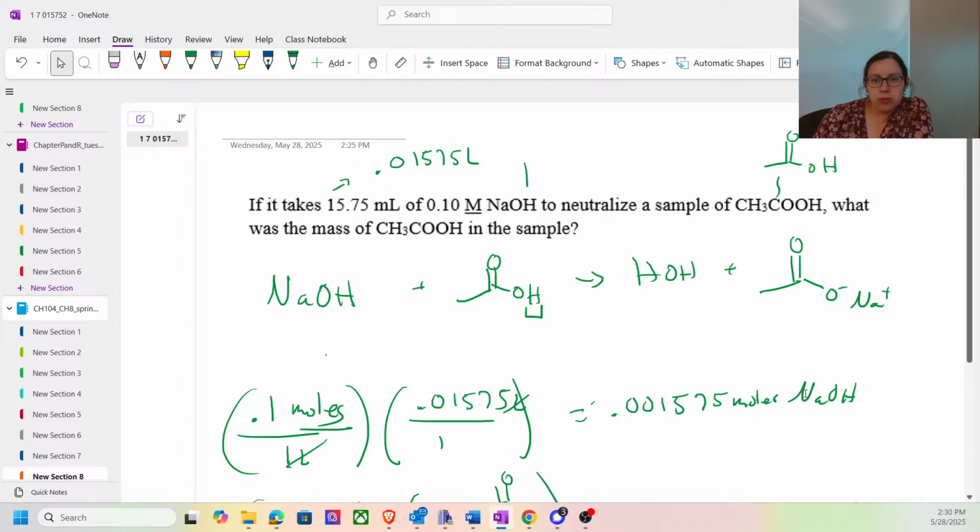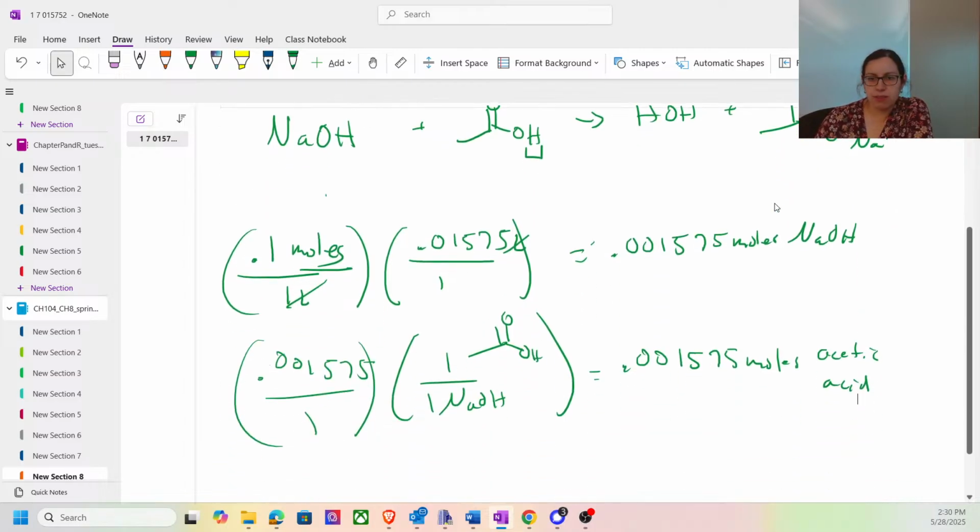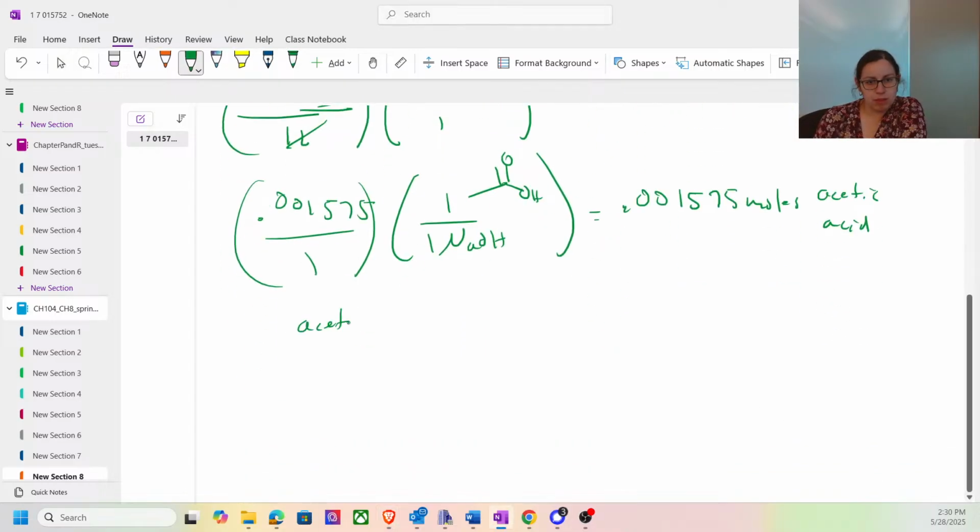And so again, moles. Now we need the molecular weight of acetic acid, which I want to say is about 60. I'm going to look it up because I feel a little lazy. Otherwise, we can add it. So acetic acid molecular weight is about 60.052 grams per mole.